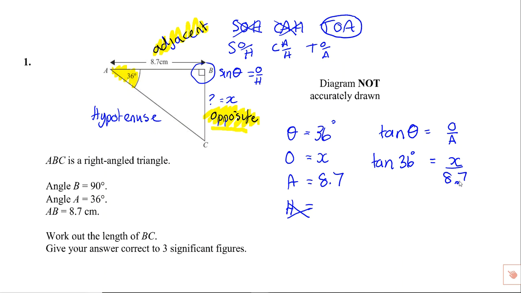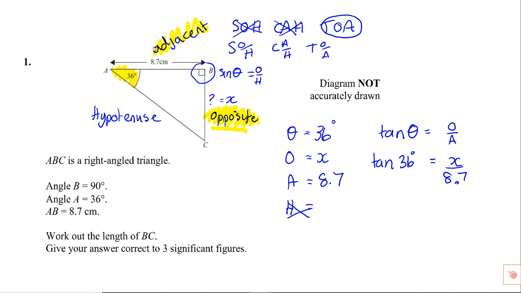So there's a little bit of rearranging to be done to figure out what x is. Anyone know how to do that? Just going back to your kind of algebra stuff. No ideas?